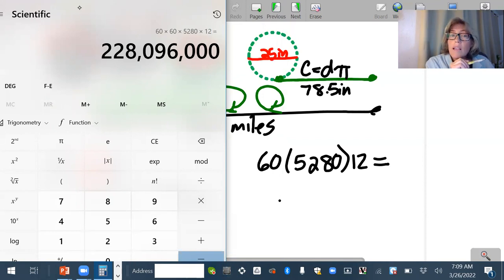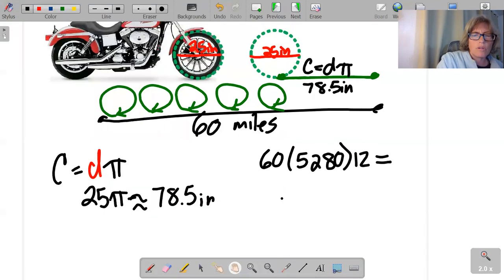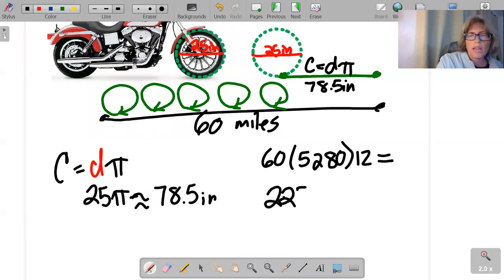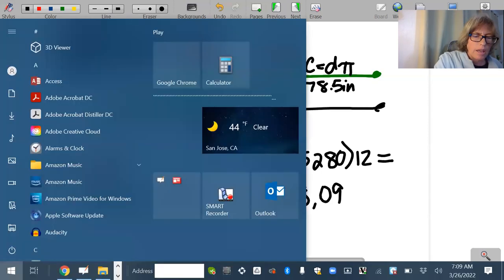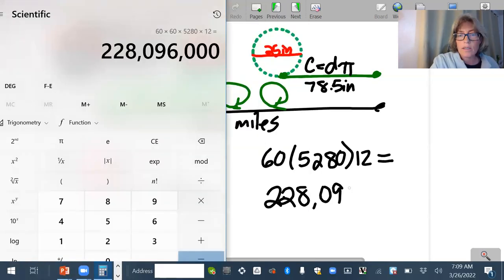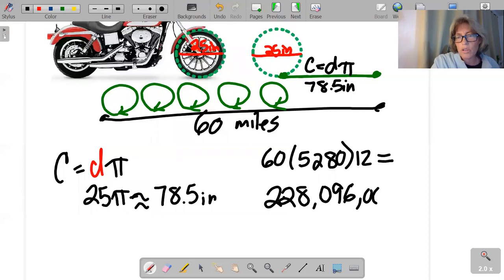So between San Jose and San Francisco is 228,096,000 inches. That's our distance in inches.